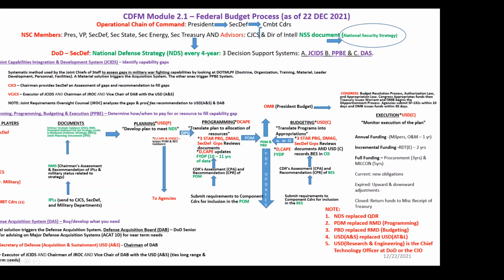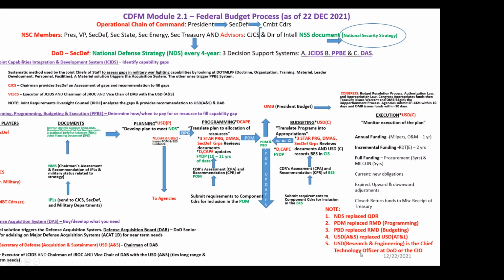So although I didn't list him up here, understanding that I couldn't include everything in this slide, if any of the POM or the budget information includes technology development in the acquisition system, if they're developing anything technology, any computer system, think of GFEBS, that's a computer system. If it's a DoD system like DTS, Defense Travel System, understand that the USD Research and Engineering is a Chief Technology Officer at the DoD level, or he's a Chief Information Officer.